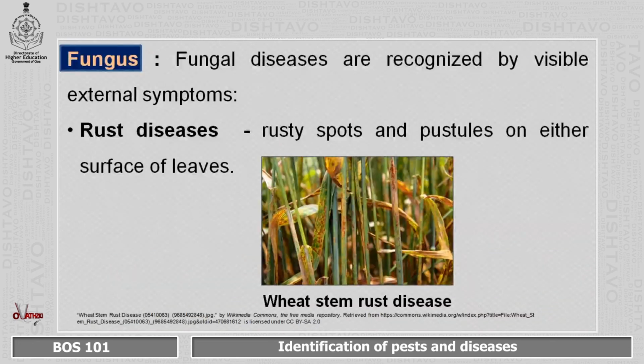Fungus. Fungal diseases are recognized by visible external symptoms, like rust diseases. In this, rusty spots and pustules are formed on either surface of leaves, as seen in this image showing wheat stem rust disease.